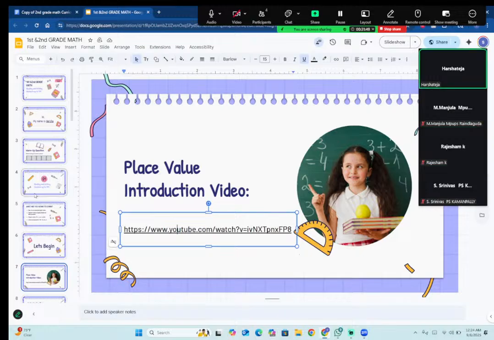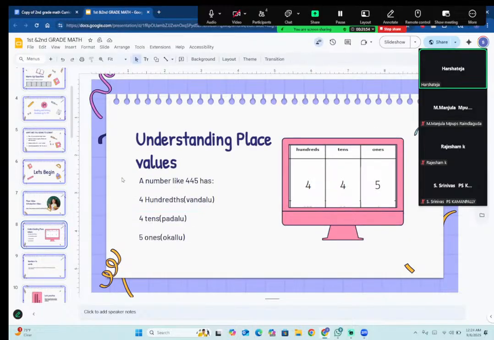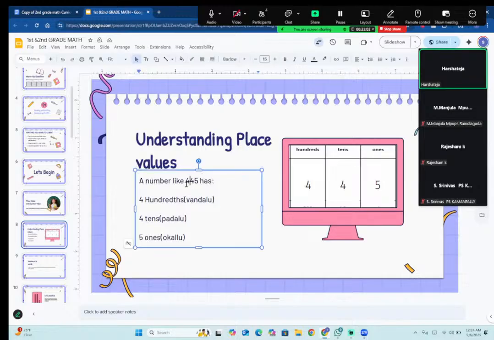So that was just a quick introduction to place values. Now, just to recap what the video said, say we have a number like 445. So 445 has 4 hundreds, 4 tens, and 5 ones. So if we combine these together, then we get 445.